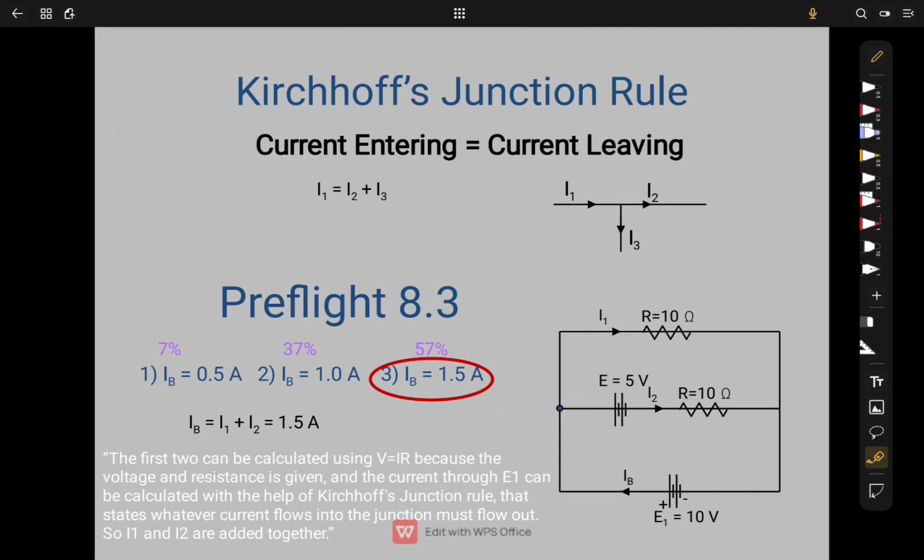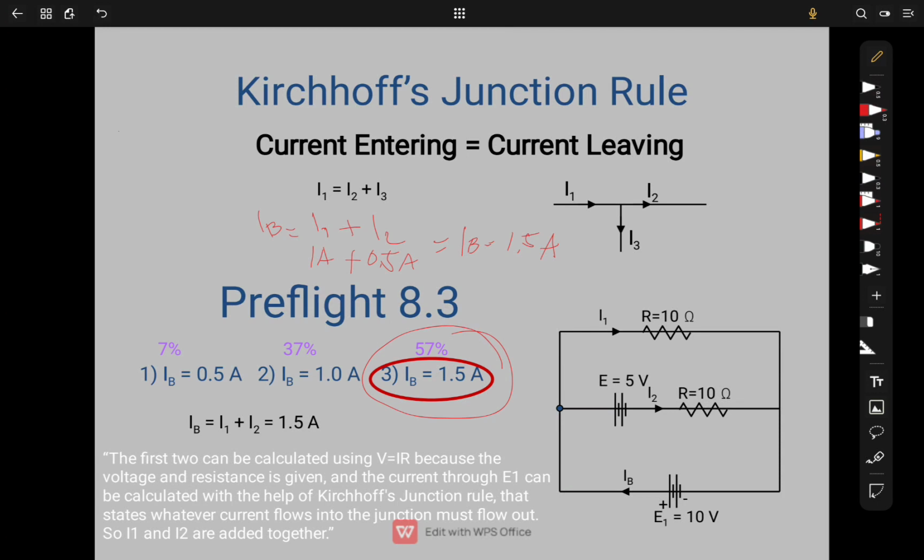Therefore masasabi natin that IB is equal to I1 plus I2. And kanina nga, nasolve na natin yung ating I1 and I2. So, yung I1 natin nakuha natin is 1 ampere. And yung ating I2 that is 0.5, right? So, therefore, yung IB po natin is equal sa 1.5 ampere. Kaya ito yung ating sagot.